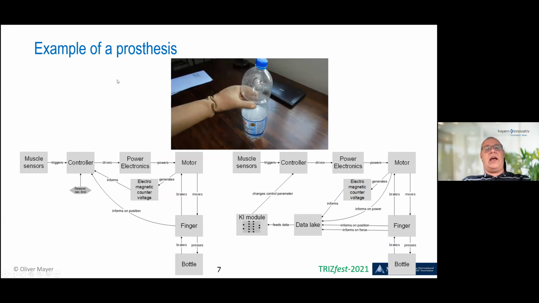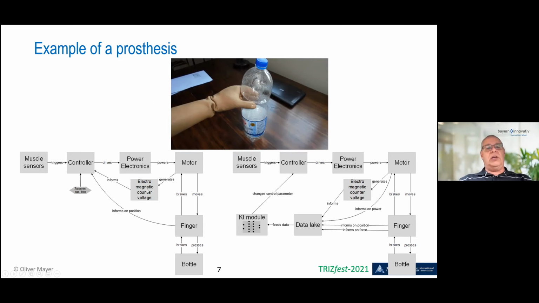the starting point was to have a system, a function, like we have it here on the left side. We have muscle sensors. This triggers a controller, and this controller has some parameters, for example maximum force or whatever, fixed values in there. Then this controller drives the power electronics. This drives the motor.